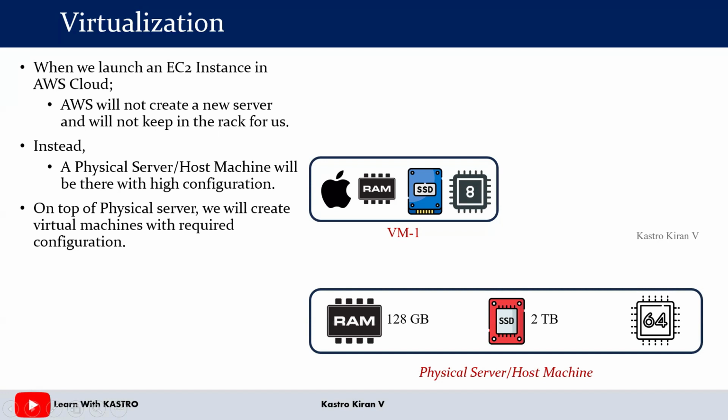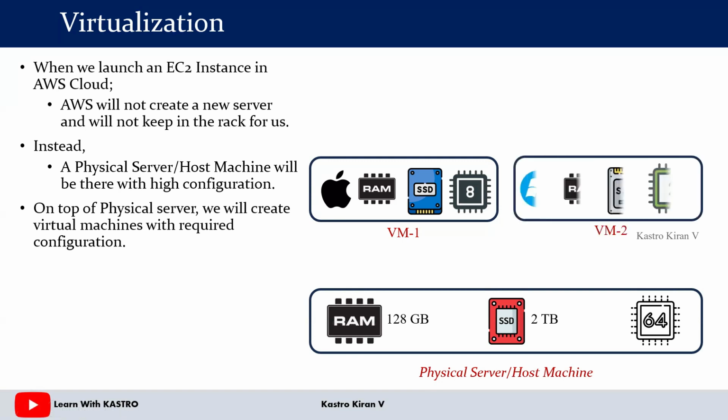Like this, you are going to create the EC2 instances on top of the host machine. You can also create multiple EC2 instances with different configurations on top of the host machine. That is how the virtual machines or EC2 instances get created when you launch an EC2 instance by using AWS Cloud.